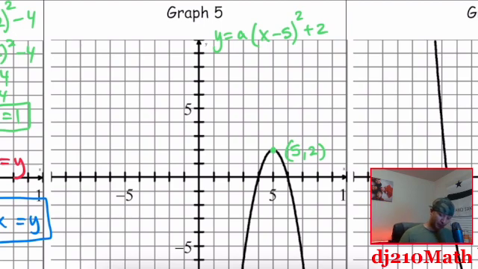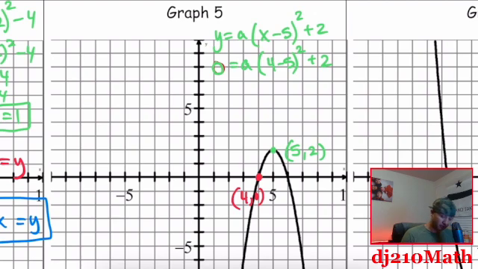Okay, picking a point, I'm going to pick 4, 0. So this is going to be 0 is equal to a times (4 minus 5) squared plus 2. 4 minus 5 is negative 1.